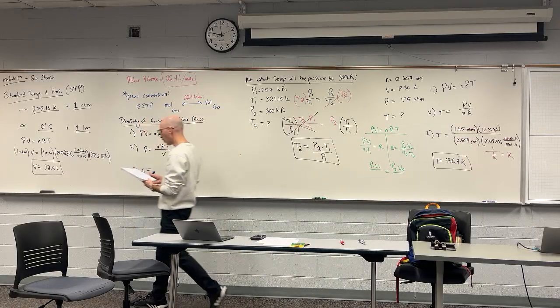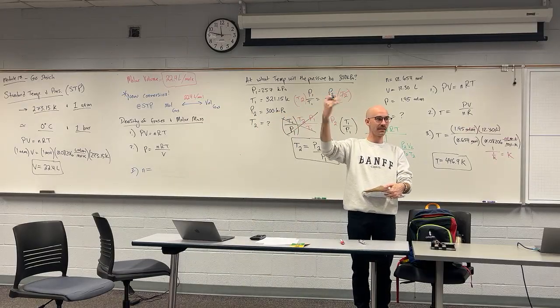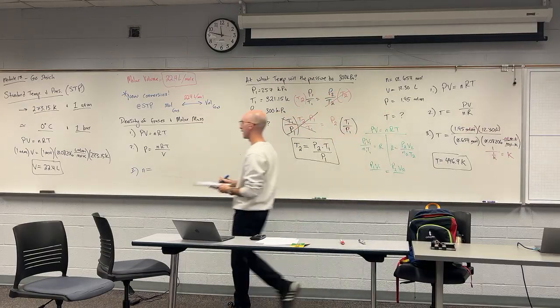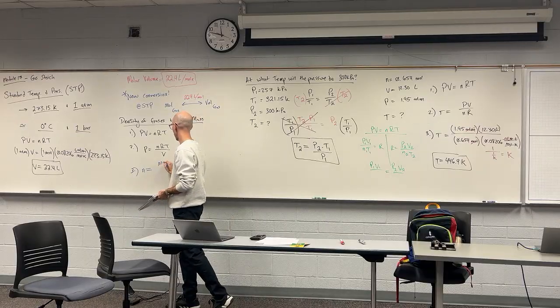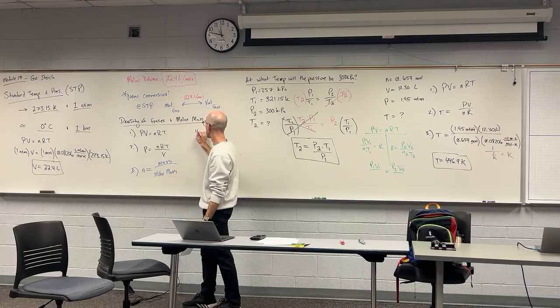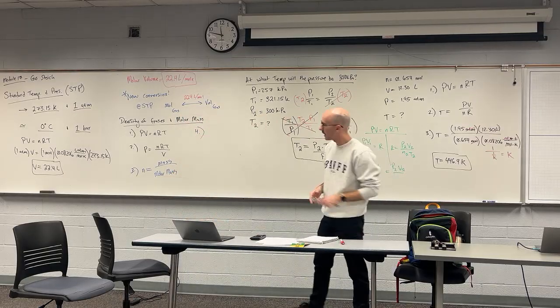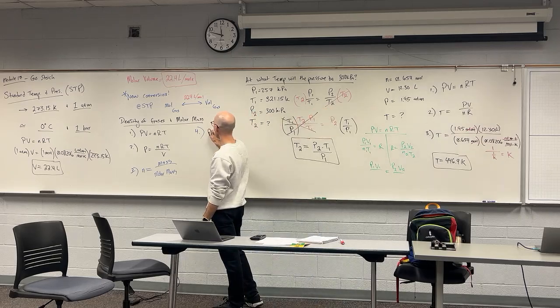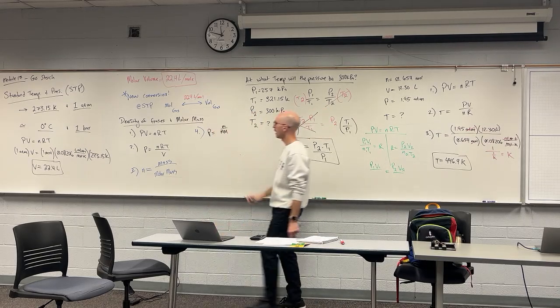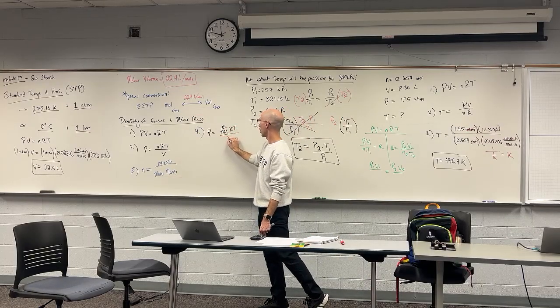The number of moles is the mass of something divided by its molar mass. So we substitute n, and we'll abbreviate. We'll say that P equals m over big M, the molar mass, times RT over volume.